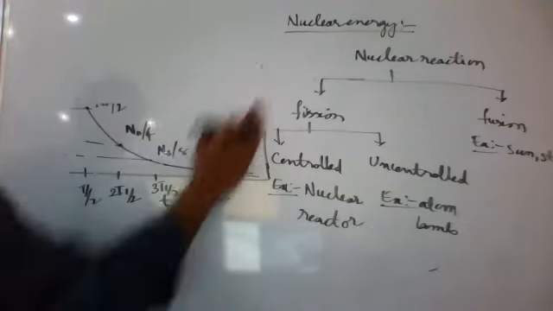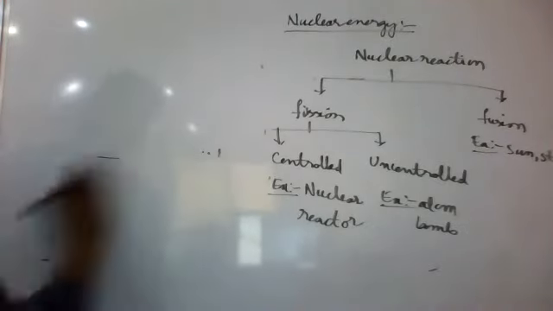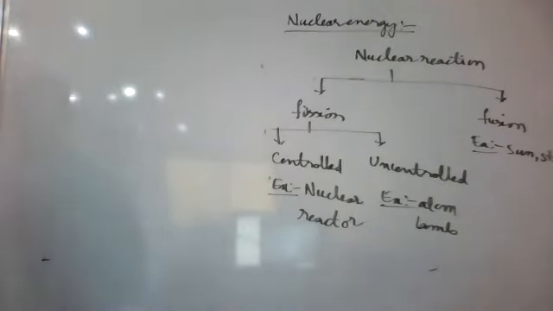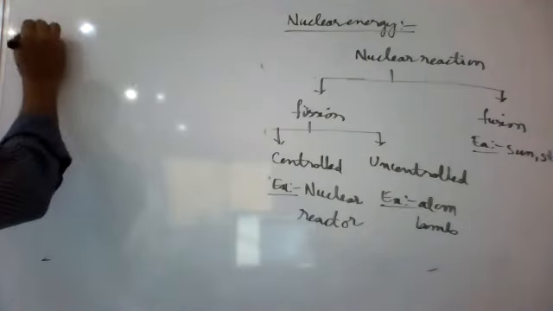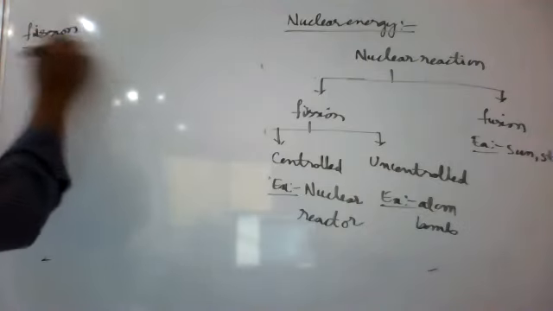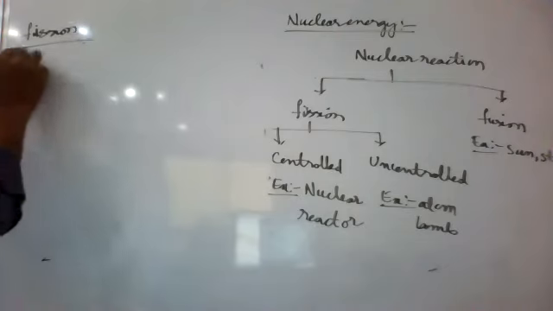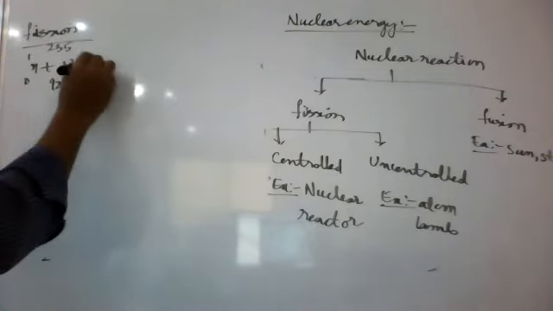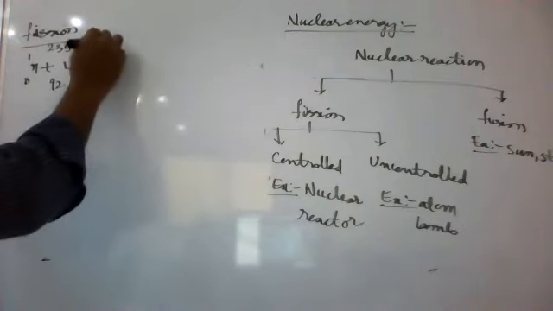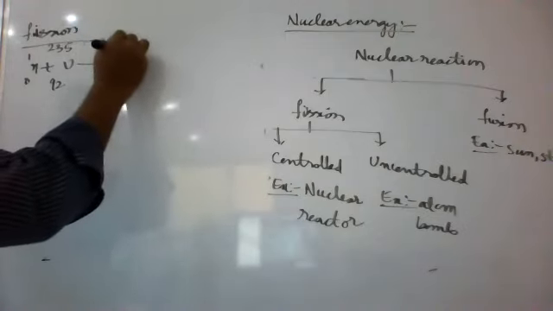Now, next one. What happens in nuclear fission? There is a nuclear reaction in fission. When a slow-moving neutron hits uranium-92 235, which is highly reactive, it becomes a highly unstable nucleus, uranium-92 236.